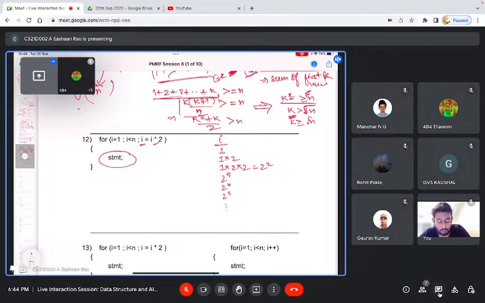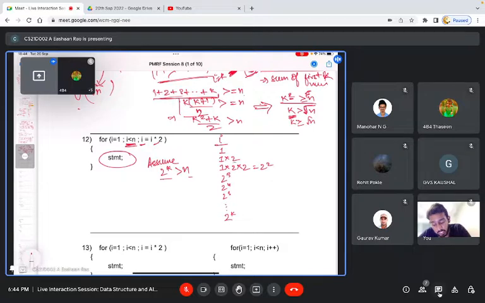But we have to stop somewhere, at some 2 raised to k. So we assume that this 2 raised to k is greater than n, which is going to defy the condition. Again, the value of i is increasing in terms of powers of 2, that is, every time into 2.